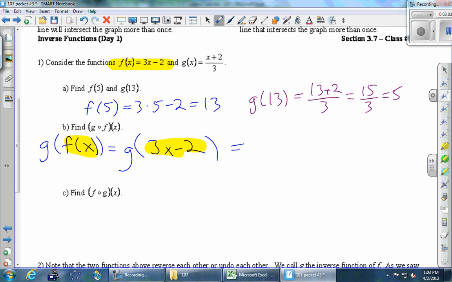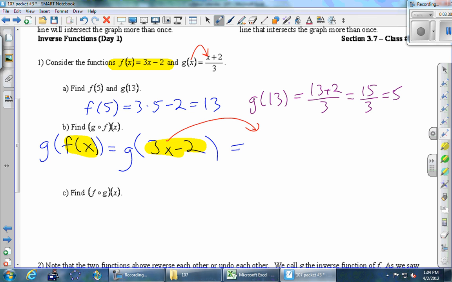And then here's the tough part. It's taking the g function and applying it to something that's not x. We're applying g to 3x minus 2. Let's take a look at what the g function does. It takes whatever's in the parentheses, puts it on top with a plus 2, then divides the whole thing by 3. That's what g does. Well, here's what's in the parentheses.